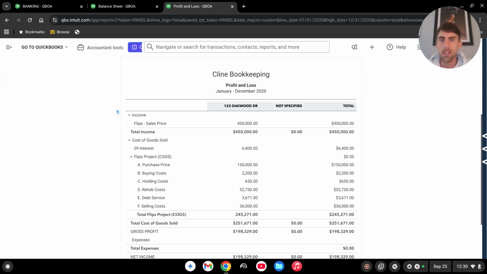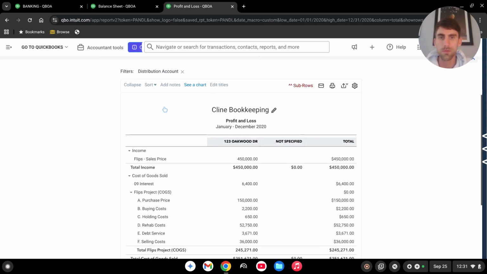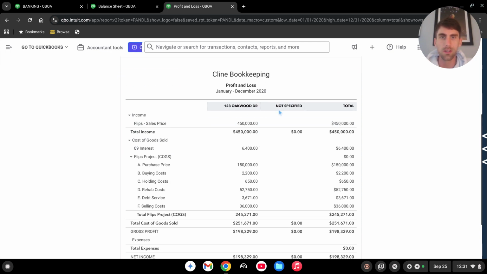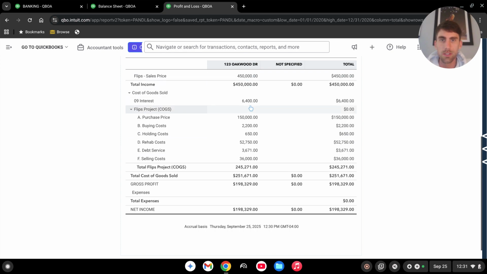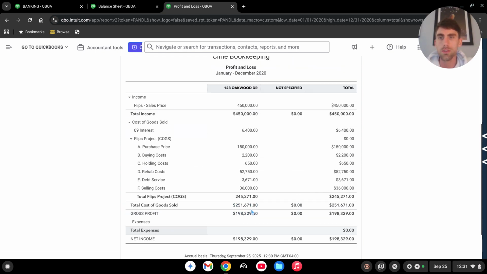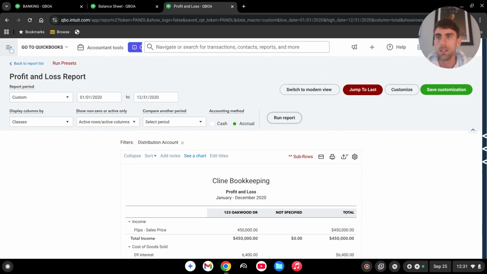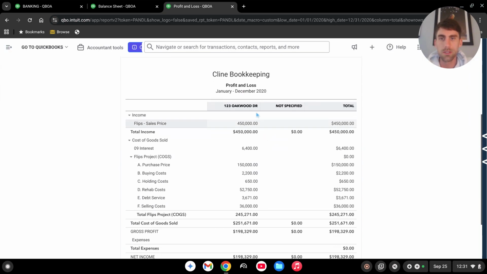So that would be really the way of going about the project. And the cool thing is, once you set this up, especially with the classes, you can see all your projects in one line, and you can actually go side by side to see what your profits were. That gives you the clean reports.